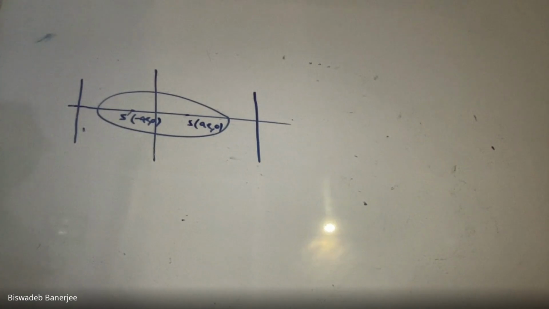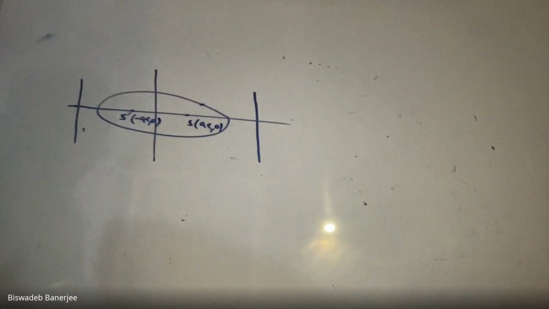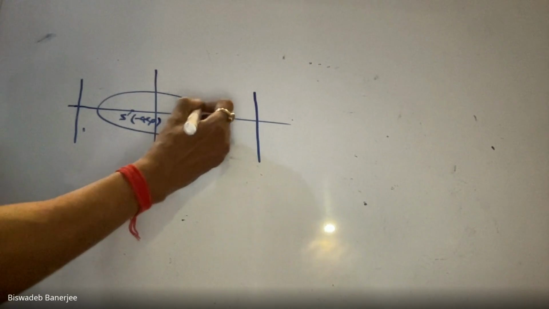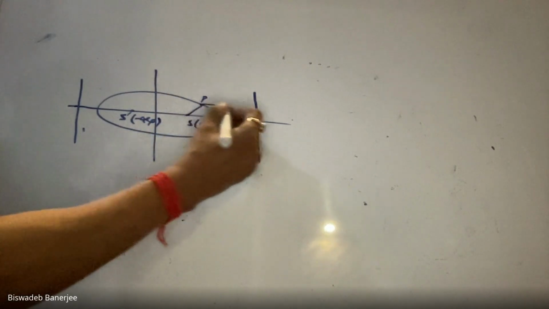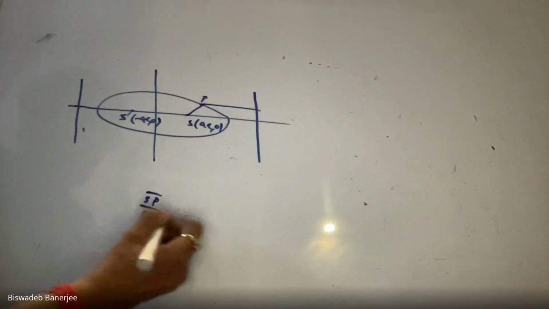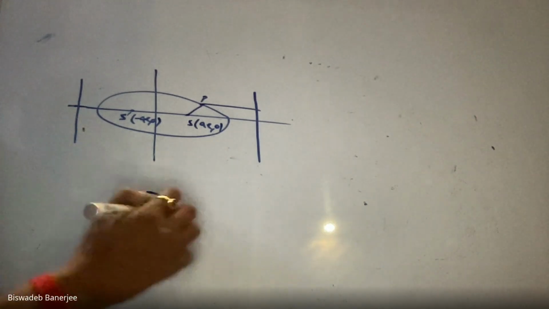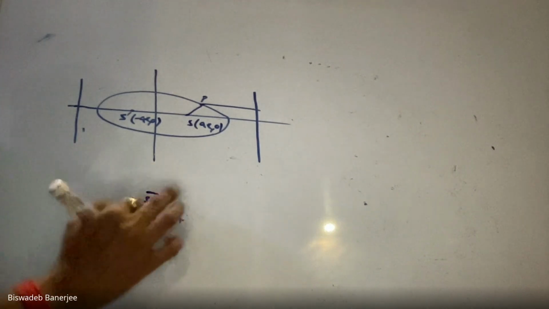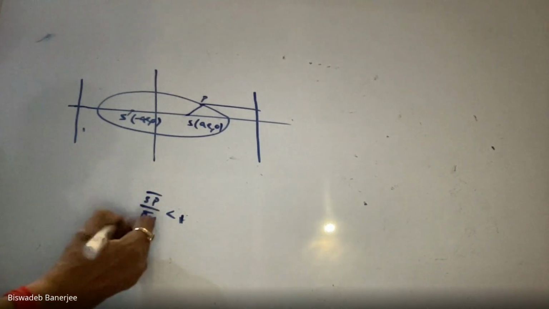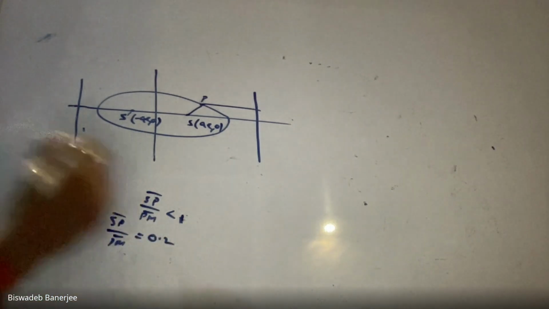So here also you can see that if we take a point P here, the distance SP and the distance PM, this ratio SP by PM will always be less than 1. Say this ratio is 0.2, less than 1.